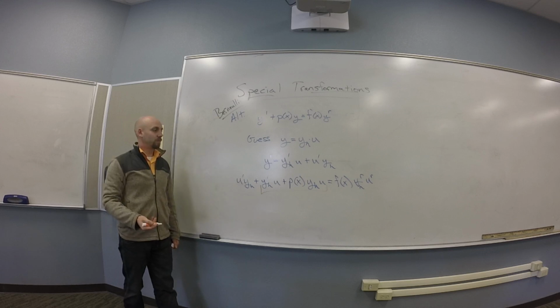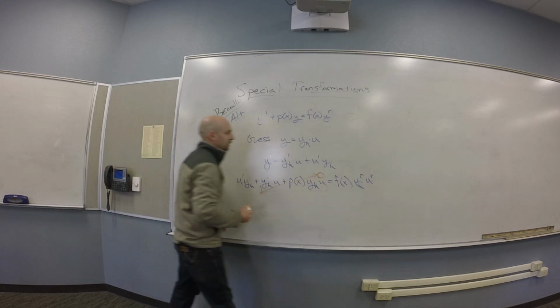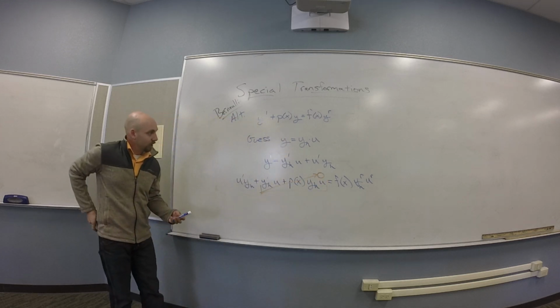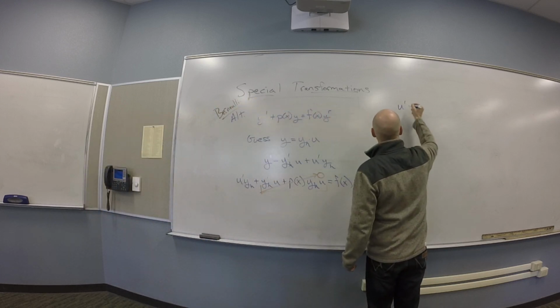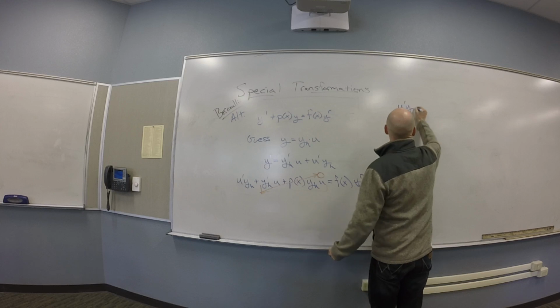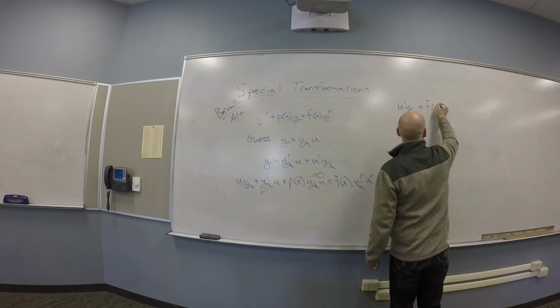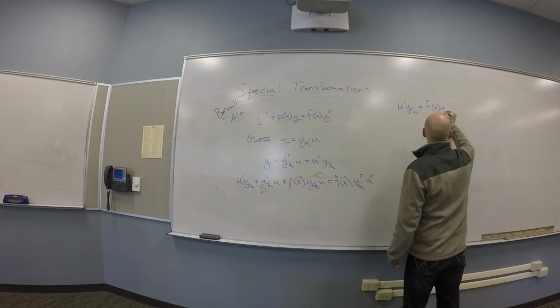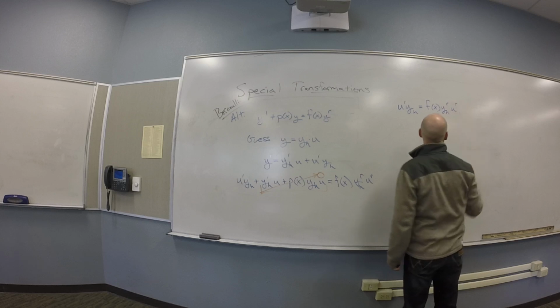So in particular, since y_H solves the homogeneous equation, what is that thing? 0. So if that zeroes out, you're left with u prime times y_H equals f of x times y_H to the r and u to the r.